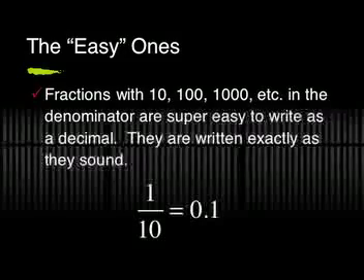Some fractions are really easy to convert to a decimal, because if it's got a 10, 100, 1,000, or other power of 10, then you would write it as a decimal exactly how you would say it. In the example below, you can see 1/10, written both as a fraction and as a decimal.